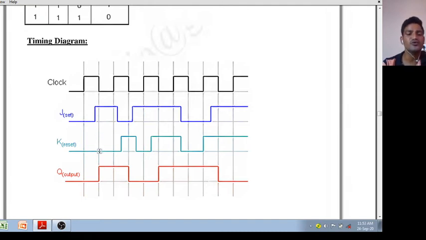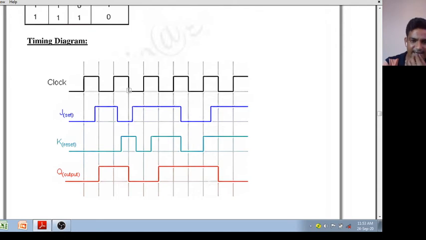You know, when j equal to 1 and k equal to 0, that is called set condition. Set condition means q equal to 1. So till the next negative edge you are getting 1, means high pulse, from this edge to this edge.